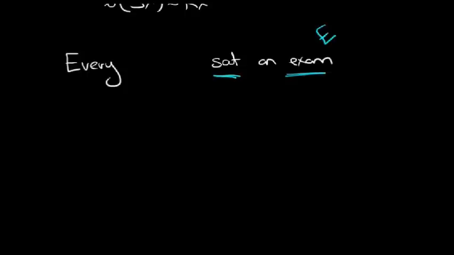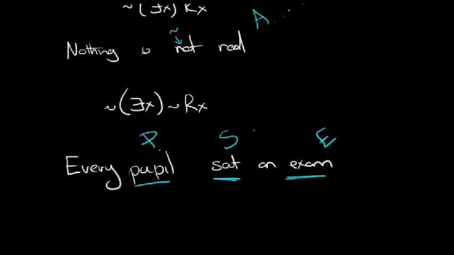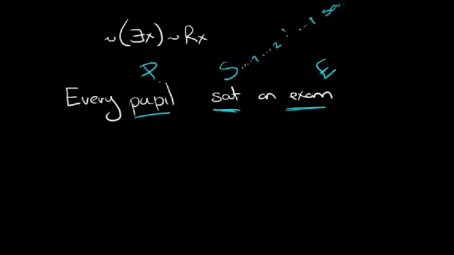If I'm going to say every pupil sat an exam, then we can have P for pupil and S for sat, where this is going to be two-place. So this is going to be 1 sat 2, or 1 took 2. It's a two-place predicate.